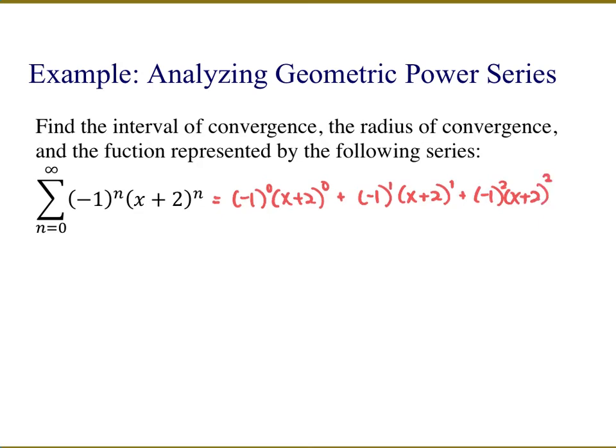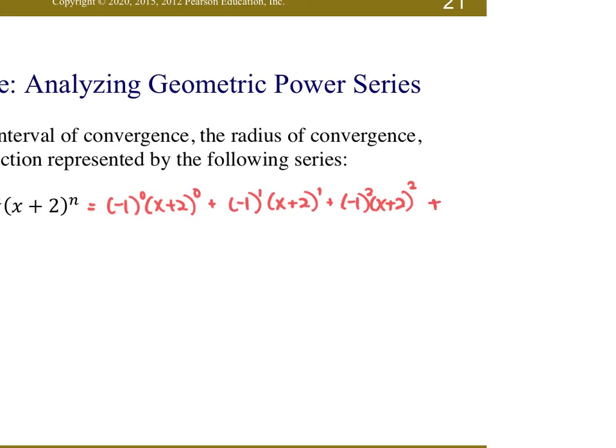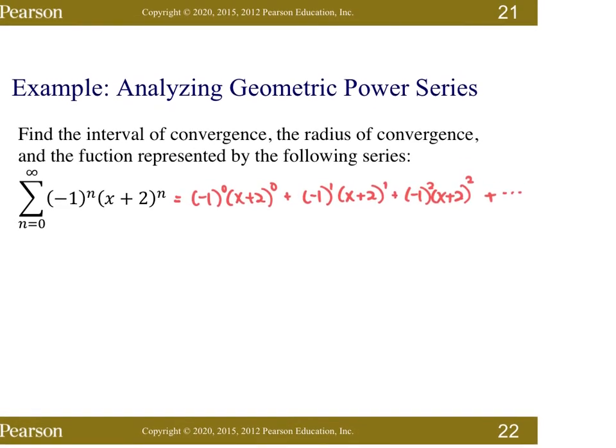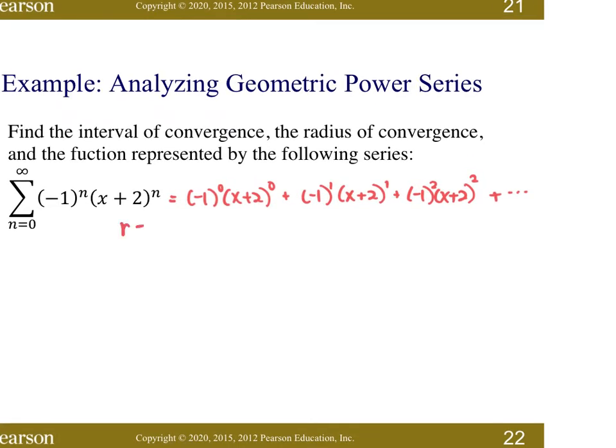We're moving our way through this infinite power series. So the r is negative 1 and x plus 2. Both of those are being multiplied each time. Negative 1 is the constant and x plus 2 is the variable.